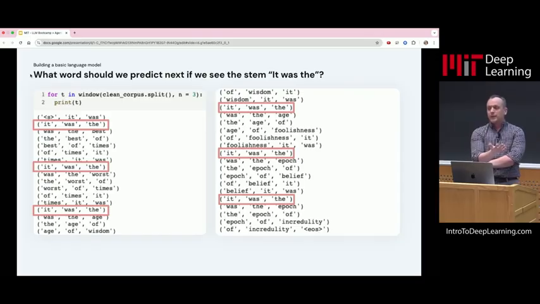One easy way to think about making that prediction is to look back to the source material, do a count of what words followed this stem, it was the, and return a probability dictionary that describes what word you might predict next. Just based on the training data, what word followed this stem the most frequently.